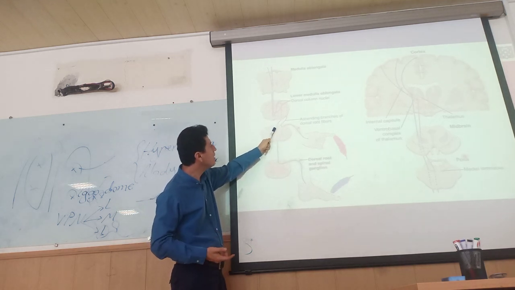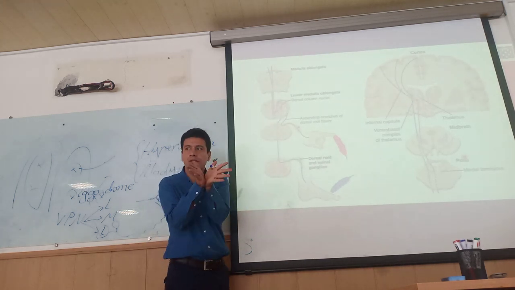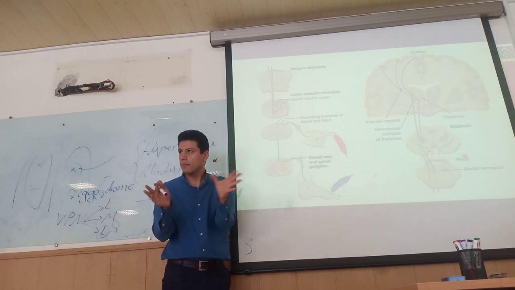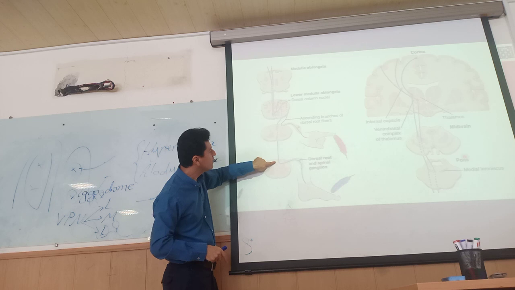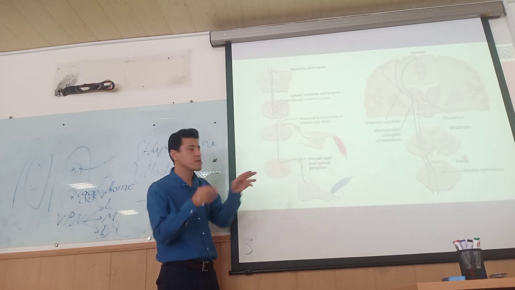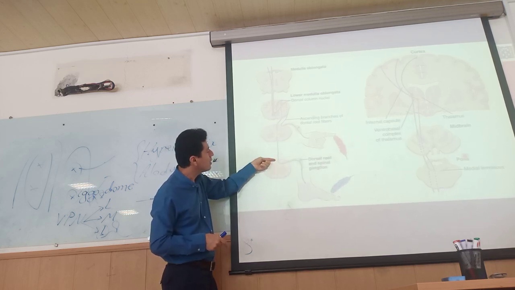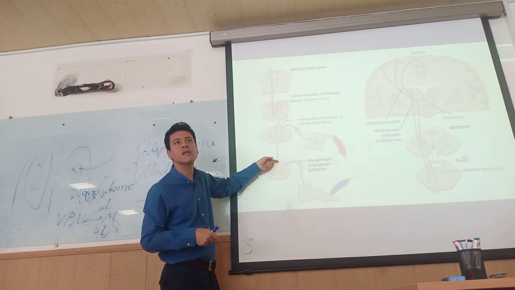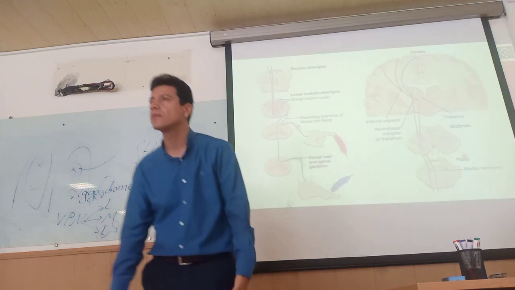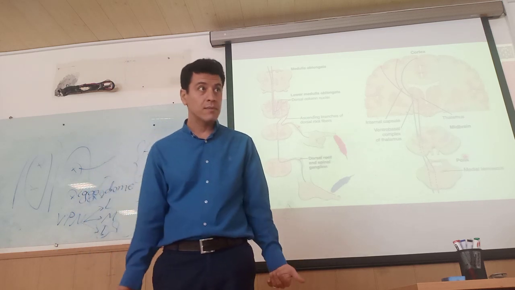If there is a tumor between the dorsal columns, pressing on the two sides, then the pressure will be on the medial neurons, right? Sensory loss will be in the lower part of the body.